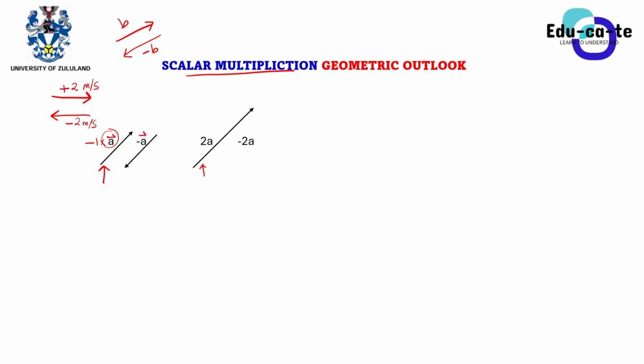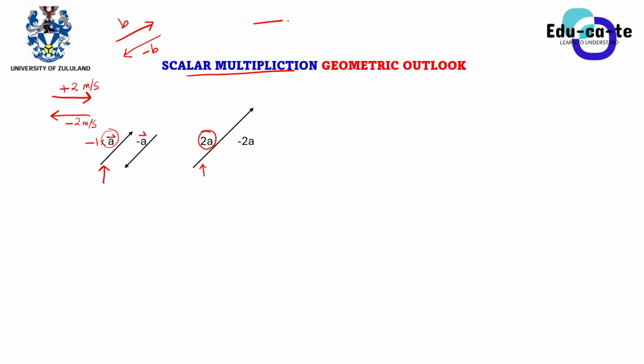So when you multiply a vector with a number that is greater than 1 or that is less than 1, as long as that number is not 1, then you actually increase or decrease the size of the vector. In this case, we have taken vector A, we have multiplied it by 2, and we have increased its length by 2 times.